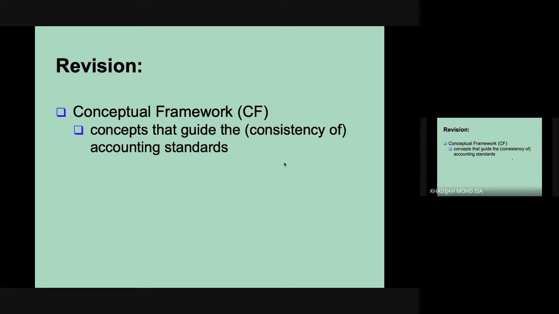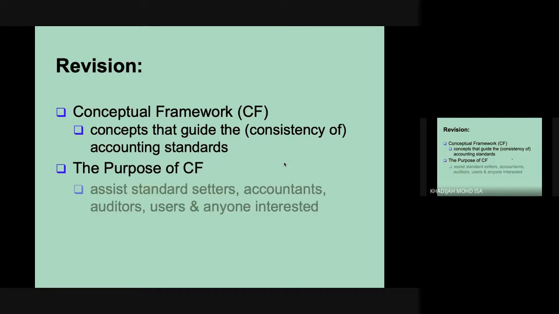So why do we need that? Because later we look into the purpose of the conceptual framework, right? In other words, it's to provide assistance to standard setters, to accountants, to auditors, users, and anyone interested in the financial reporting. So we have a framework to refer to as a guideline.